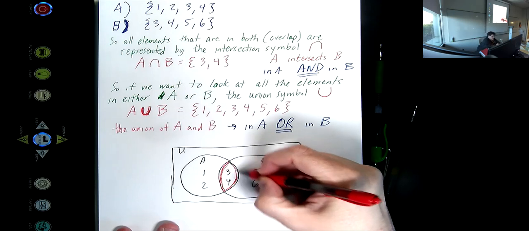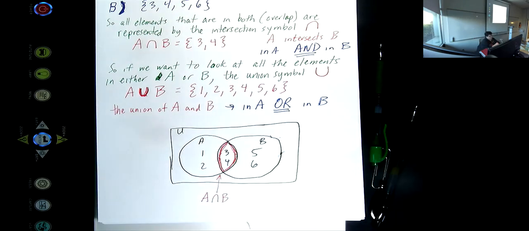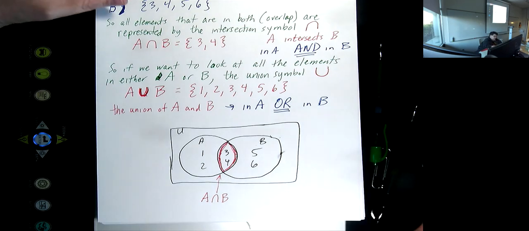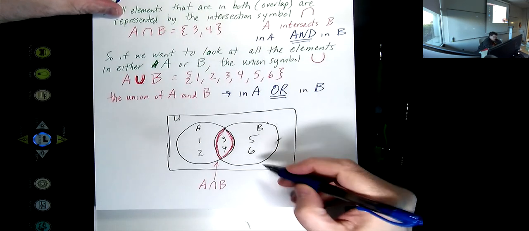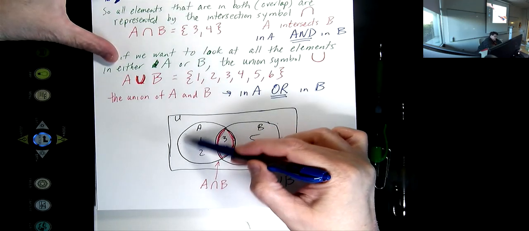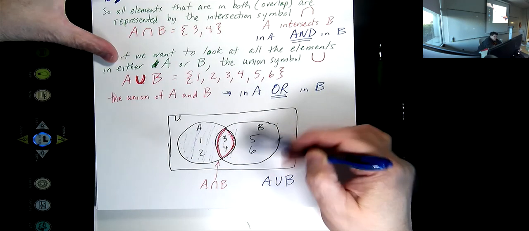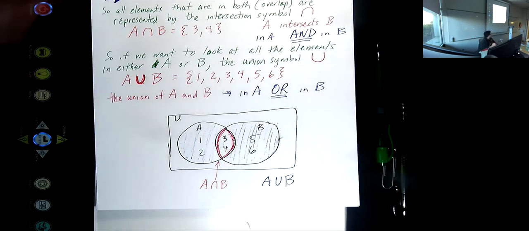This 3, 4, that's my A intersect B. And A union B would be everything that's in this area. I'm going to shade it in. Everything that's in both of them.